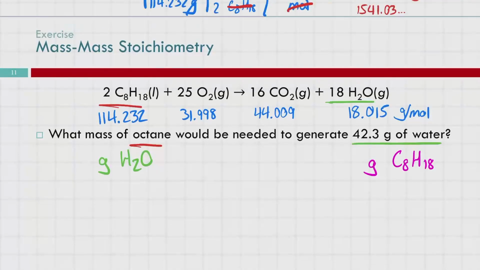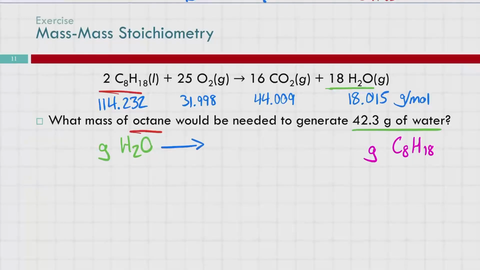In order to carry out this calculation, we need to first convert out of grams using molar mass to get to moles of our H2O, a common strategy. If we've got grams, we can convert it to moles. Sometimes you can go somewhere from there, sometimes you can't. In this case, we can.